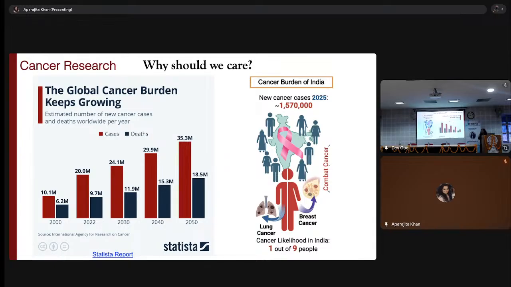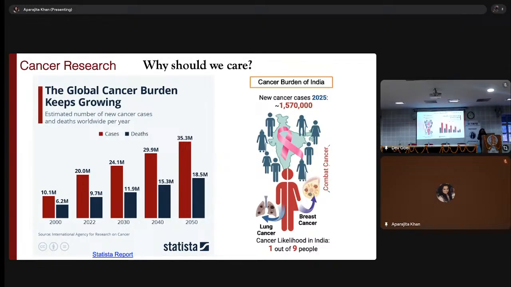So we see that there is a huge cancer burden in India, and we are trying to see how we can use AI techniques to find patterns in the data extracted from patients to mitigate this huge burden.